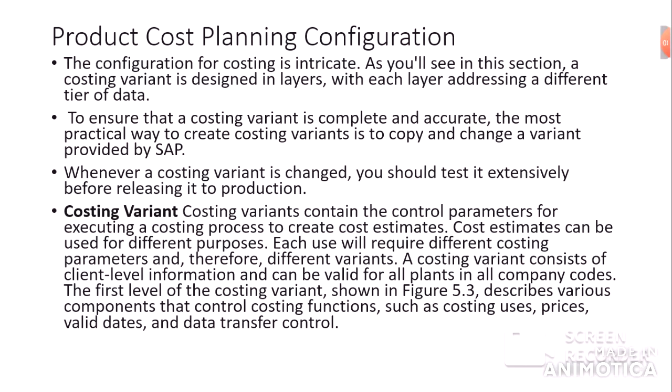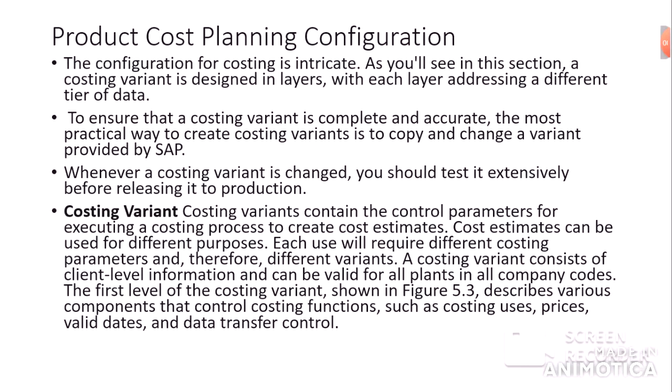Costing variant. Costing variants contain the control parameters for executing a costing process to create cost estimates. Cost estimates can be used for different purposes. Each use will require different costing parameters and therefore different variants.